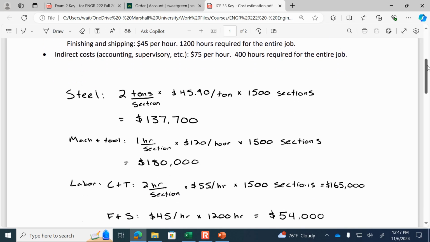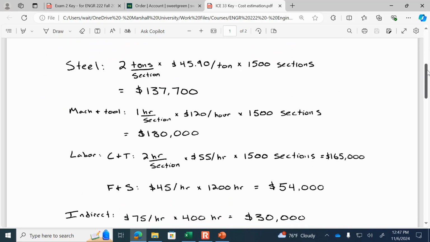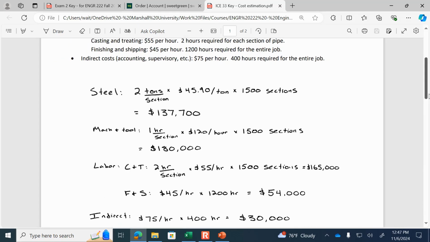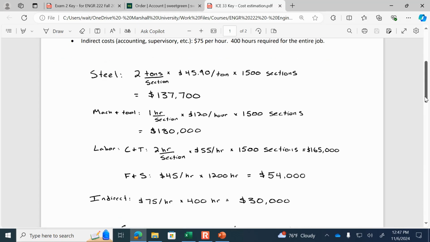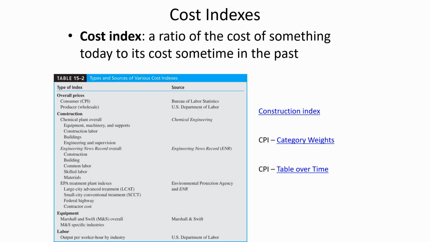The labor for the casting and treating is $165,000, $54,000 for the finishing and shipping, and then of course we have to cover the indirect costs of $30,000, and so the total cost here would be $566,700.